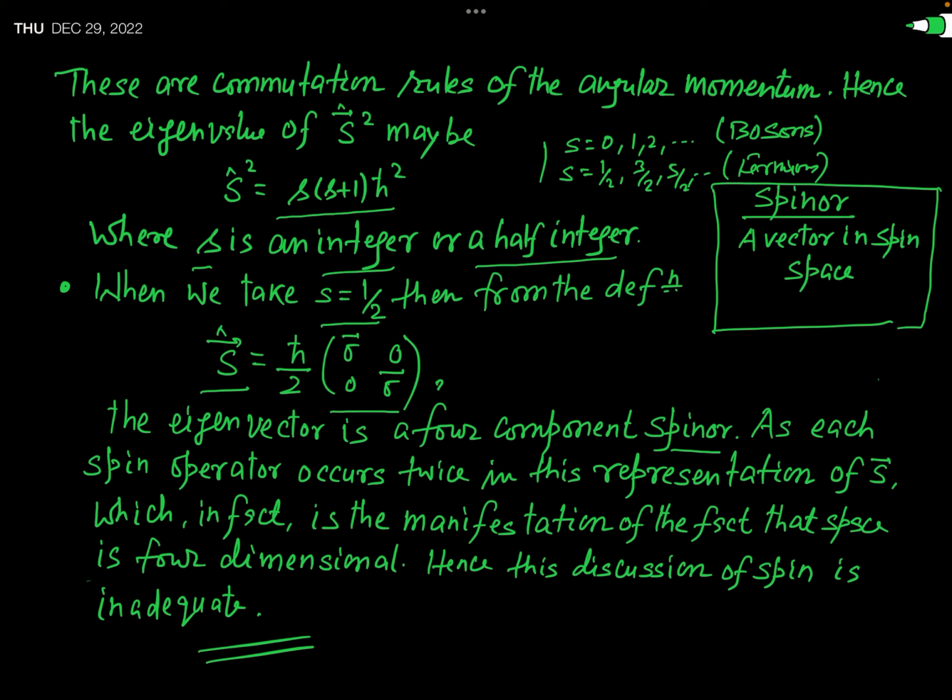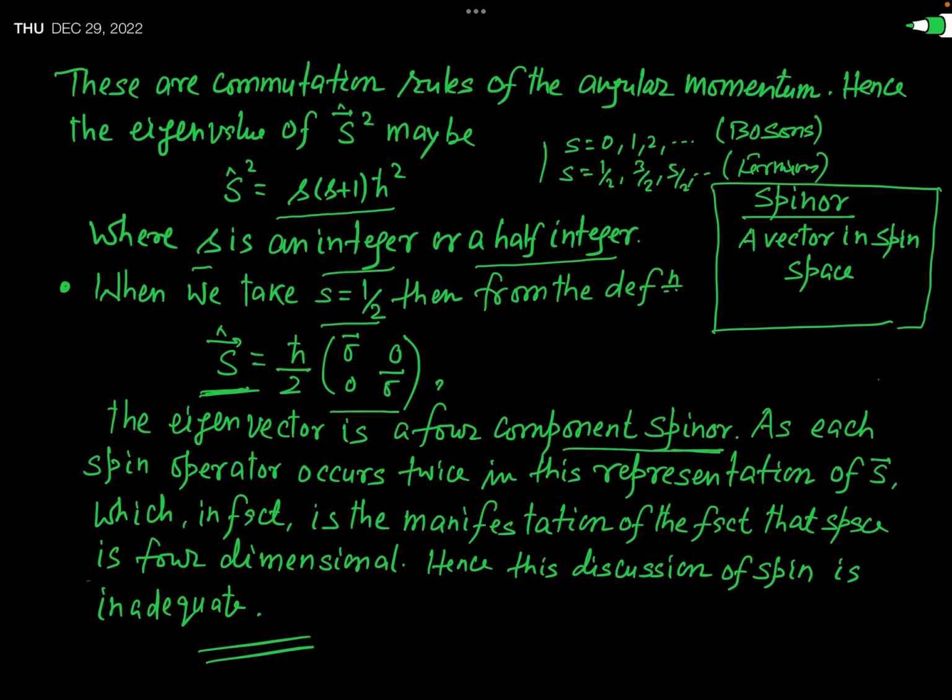When you use this form of definition of the spin angular momentum operator, the eigenvector has a 4 component spinor.